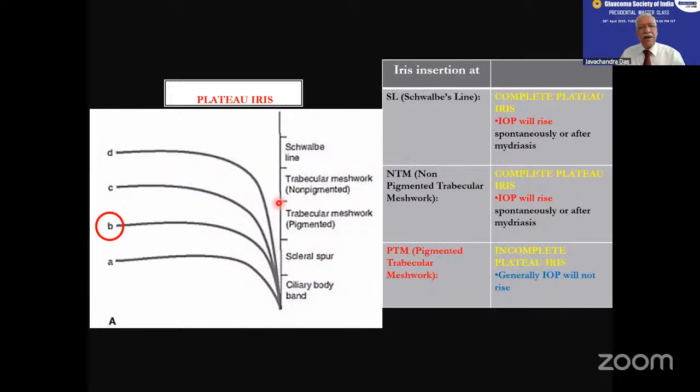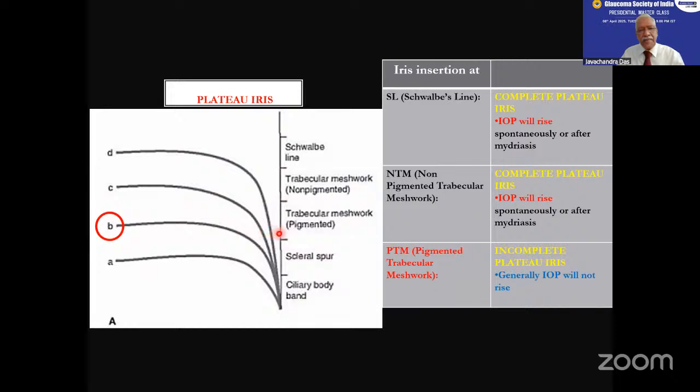Let us see the third position. The third position is the pigmented area. The pigmented area is a larger area, and it depends on where exactly the iris is touching. Suppose this iris is dilated and comes nearer, to the trabecular meshwork pigmented area.